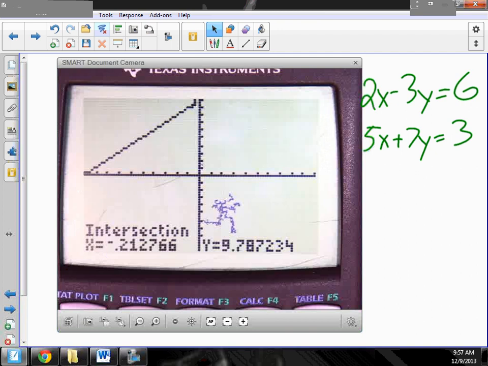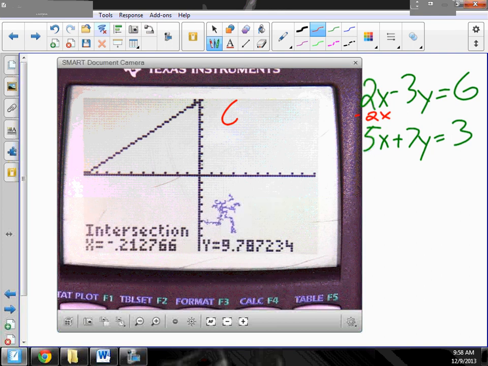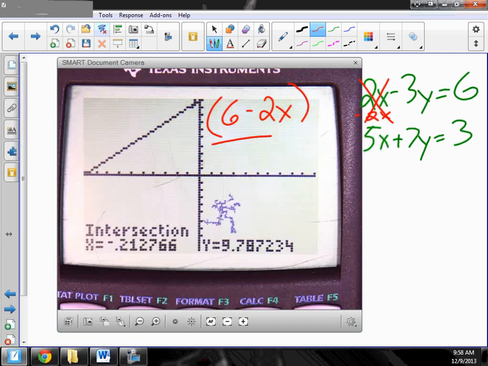So I'm going to subtract 2x. So 6 minus 2x, and then, so once I get this alone, what's my next step? Divide by negative 3. And my recommendation is you don't simplify anything. You just put the top in parentheses.